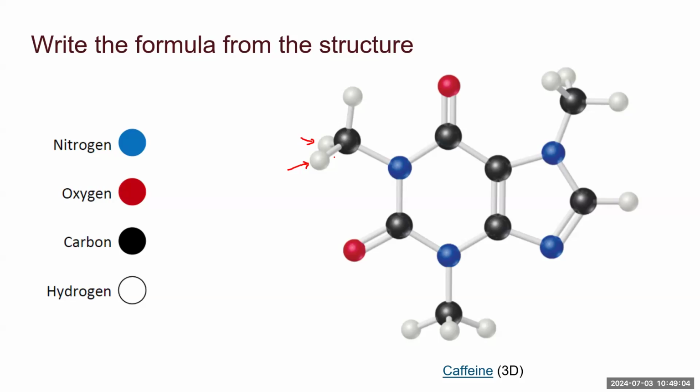I start in the upper left-hand corner and go from the upper left hand to the lower right hand. So I see 1, 2, 3, 4, 5, 6, 7, 8 carbons. The convention is that I write a capital C with a subscript of 8.